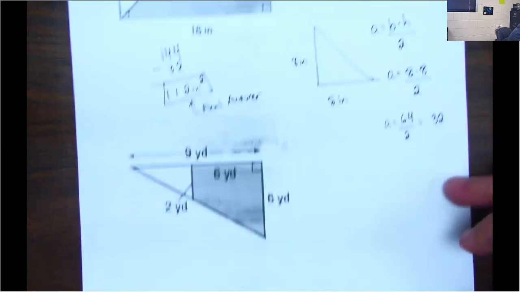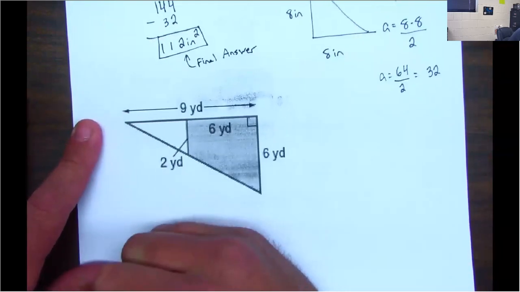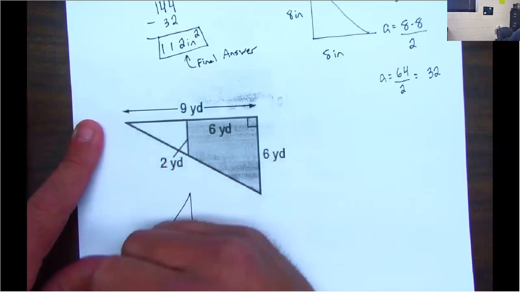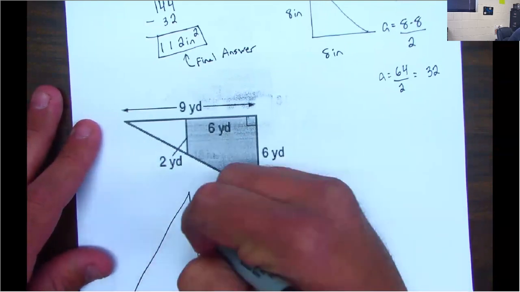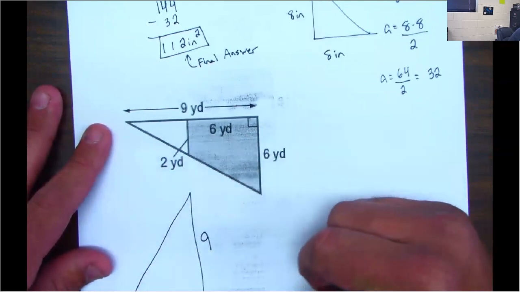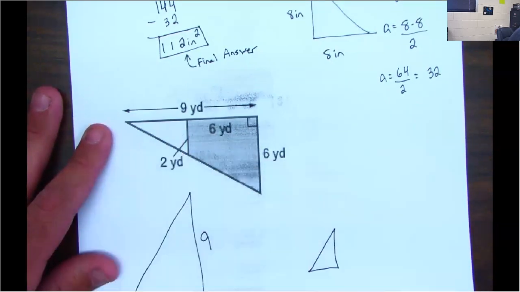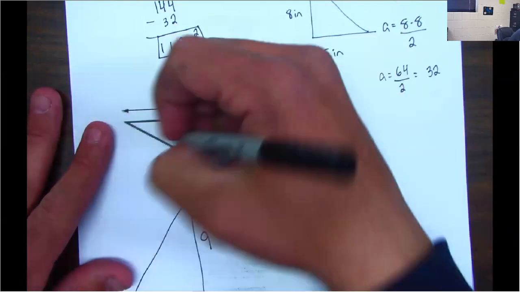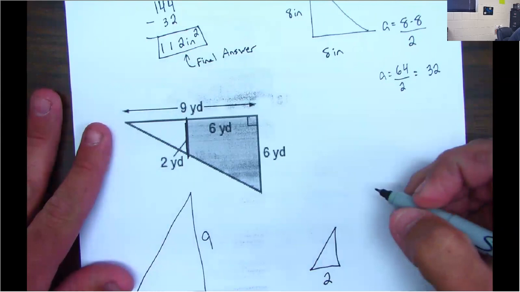All right, this next one's going to be fun because we actually have a big triangle, which is 6 by 9. And we have this small triangle. Guys, you'll see the small triangle right here. Now, this piece right here, the base, is 2.